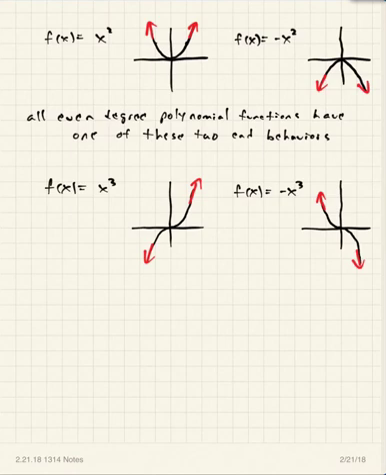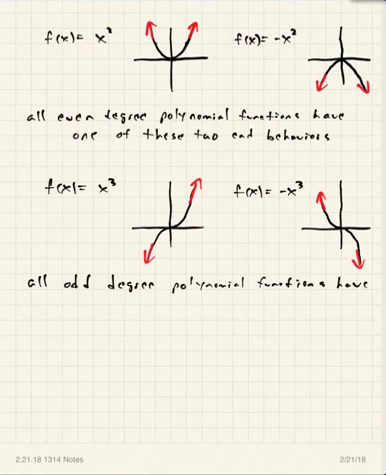And so we can say all odd degree polynomial functions have one of these two end behaviors. And now, how do you tell which one you have in either case? Well, you look at the leading coefficient.